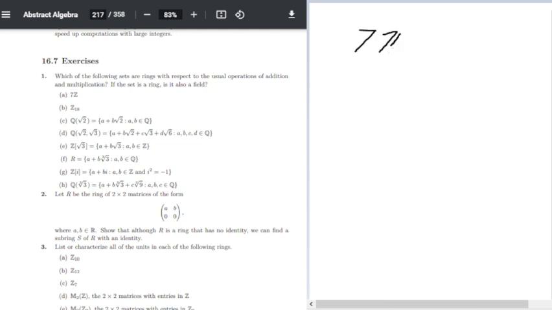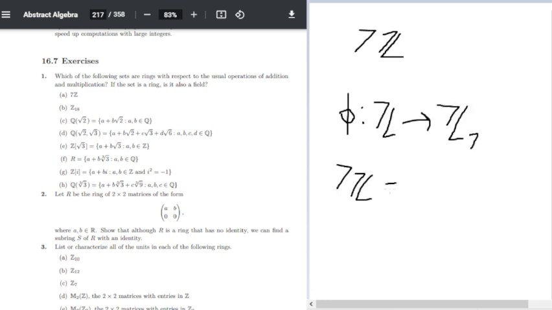One way to do this is to note we have the ring homomorphism from Z to Z mod 7, the canonical homomorphism, and 7Z is equal to the kernel of phi, which makes it not only a subring, but also an ideal. So for 7Z, yes.